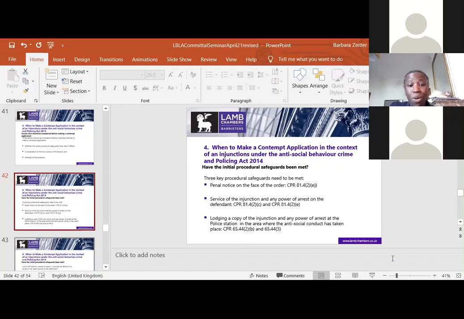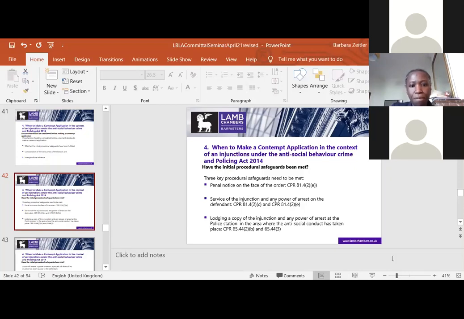Secondly, there should always be a safeguarding in terms of service of the antisocial behaviour injunction. It should be clear that personal service has been effected, and that a statement of service has also been obtained, and that this can be evidenced very clearly.